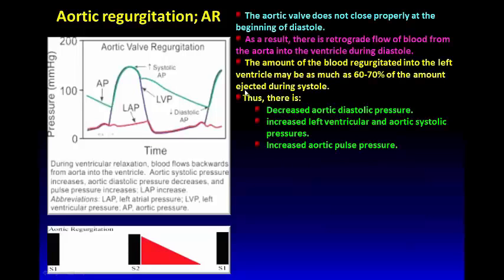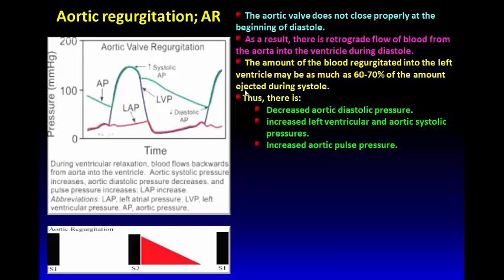The incompetent aortic valve doesn't close properly when it is supposed to close. The aortic valve should be closed at the beginning of diastole to prevent backflow of blood from the aorta into the left ventricle.